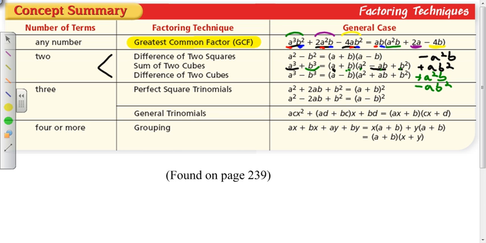And what we can notice is, again, we have a squared b term, one that's negative and one that's positive, so those subtract out. And we have an ab squared term, one that's positive and one that's negative. So those all subtract out, leaving just these two cubes over here, the a cubed and the b cubed. So again, that's just a way to check and make sure that that trick works.